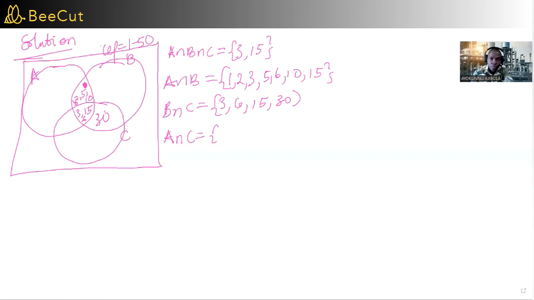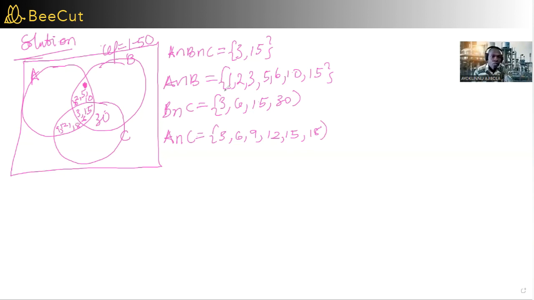But you can see I've already seen 3, 6, and 15. It only remains 9, 12, and 18.